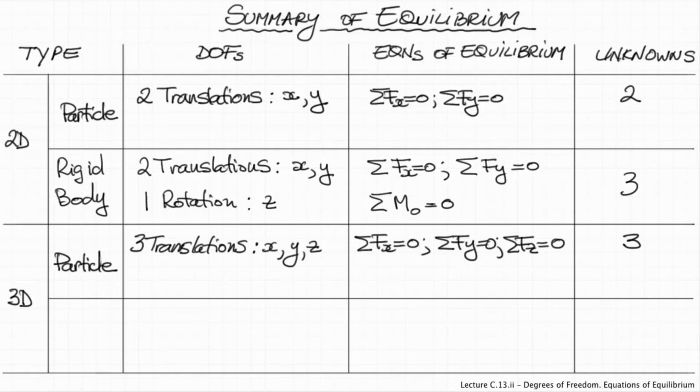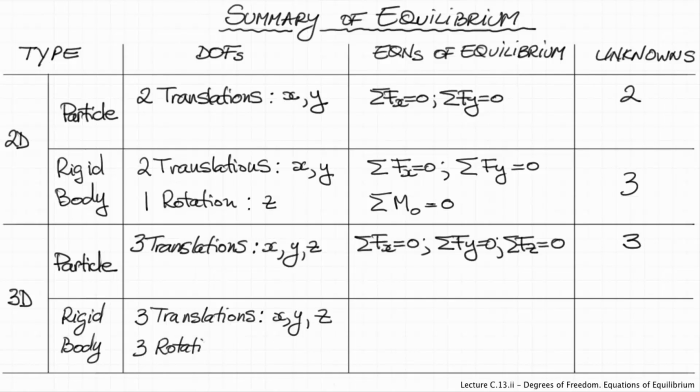Now, let's go back to this table that we've seen before and we kept on populating. We're going to complete the table now by filling in the last row that refers to 3-dimensional rigid bodies. So as I mentioned to you, there are 3 translational degrees of freedom as well as 3 rotational degrees of freedom.